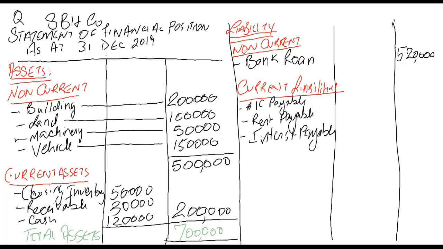The accounts payable of our company is 70,000. Rent payable is 10,000. And interest payable is 30,000. So this makes 70, 80, 90, 100, 110, 110,000 of current liabilities.